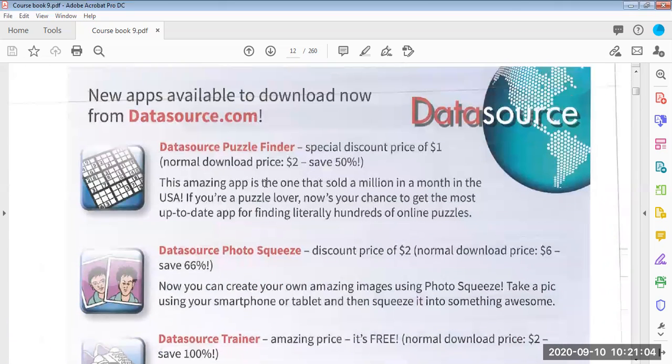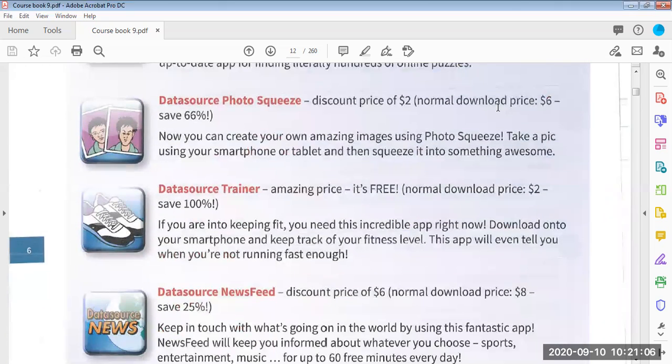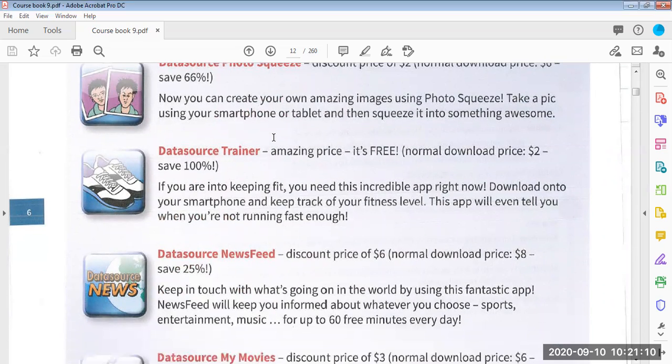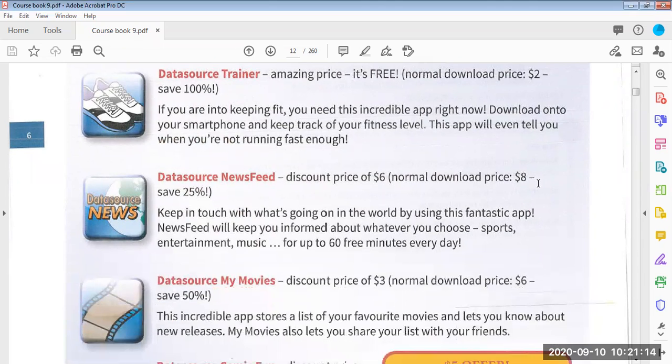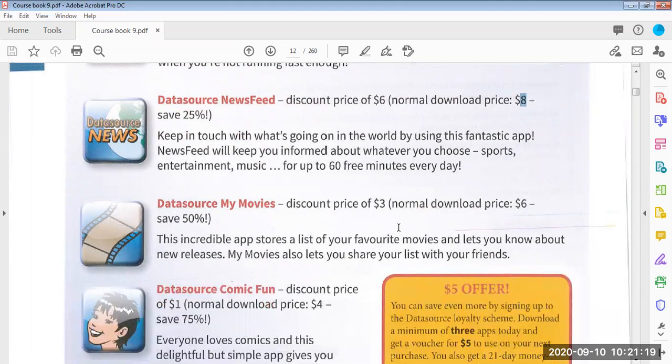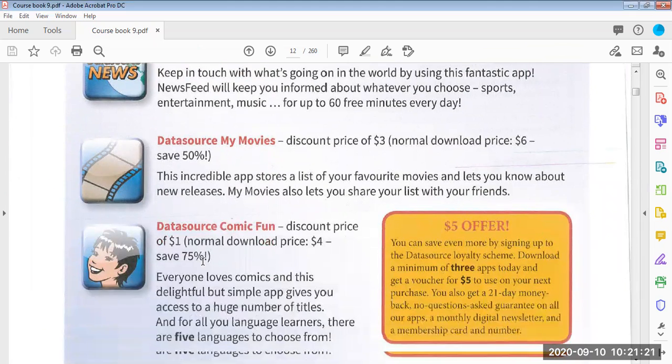So you can say normal download price $2, normal download price $6, normal download price $2, normal download price $8. This might be expensive. Next, normal download price $6, normal download price $4.